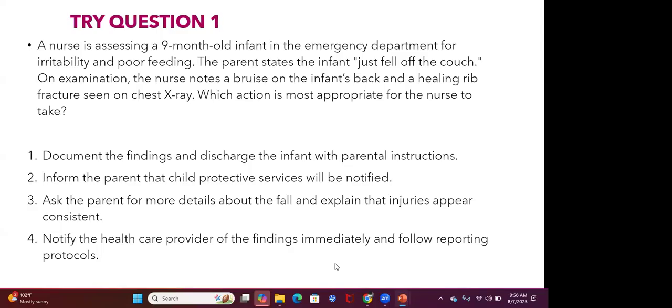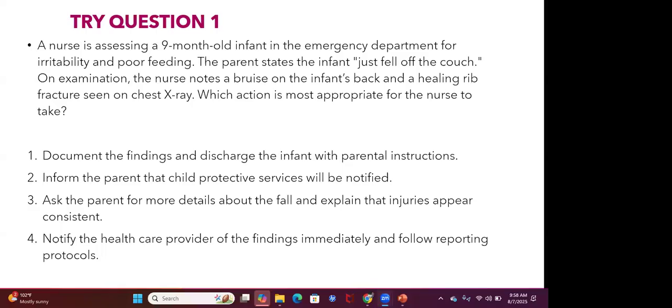All right. A nurse is assessing a 9-month-old infant in an emergency department for irritability and poor feeding. The parents state that the infant just fell off the couch. On examination, the nurse notes a bruise on the infant's back and a healing rib fracture seen on the chest x-ray. Which action is most appropriate for the nurse to take?